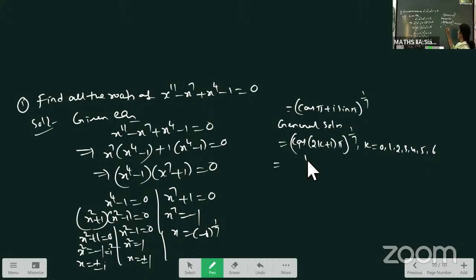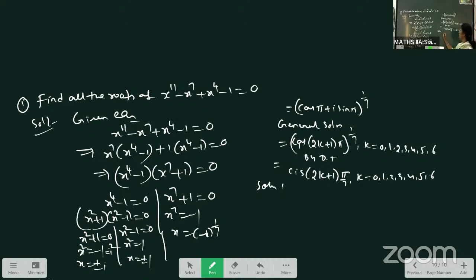So by De Moivre's theorem, this becomes cos (2k plus 1) pi by 7 plus i sin (2k plus 1) pi by 7, where k equals 0, 1, 2, 3, 4, 5, 6. Therefore, if you take k equals 0, 1 and so on, 7 more values you will get.